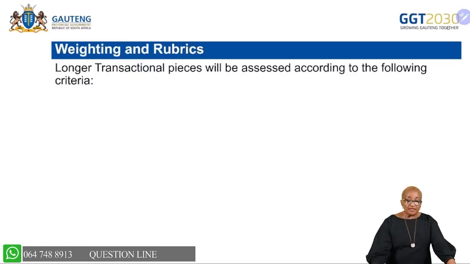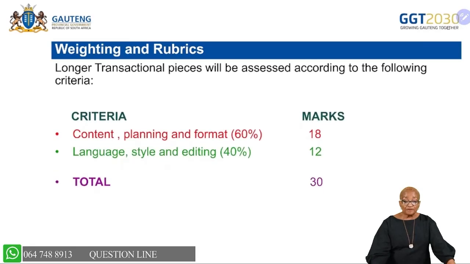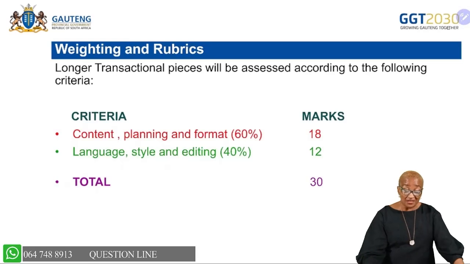Let's have a look at the weighting and the rubrics that are being used in longer transactional pieces. All longer transactional pieces will be assessed according to the following criteria. The first one is the content, the planning, and the format, which is out of 18, and that forms 60% of the text.